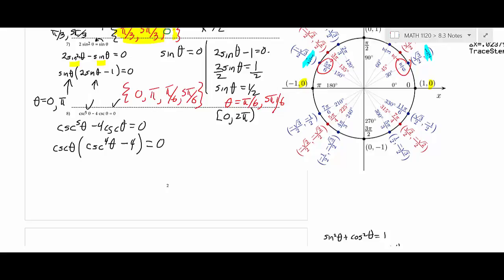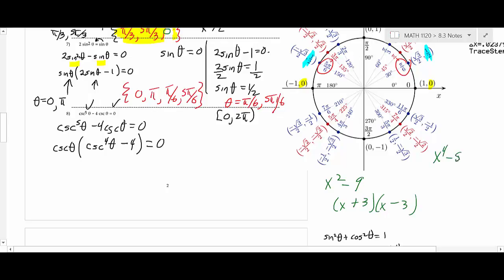Hopefully in your background, if you encountered something like this in an algebra class, the way you factor that is you go x and x, 3 times 3 to get 9, and then plus and minus. That's called the difference of 2 squares. Does that look familiar? You need to know that. What if you had x to the 4th minus 81? Then you would have x squared and x squared, then 9 times 9 with a plus and minus.